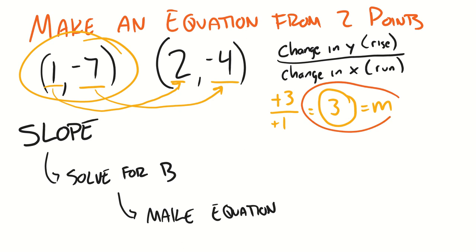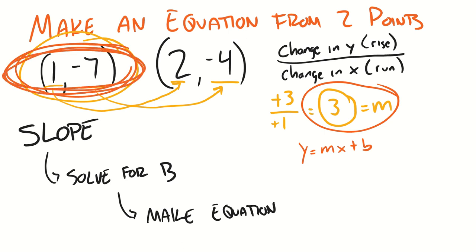My slope is m. So now I'm going to use y equals mx plus b. I'm going to just use one of these points to give me my y and my x. Let's use this point because multiplying by 1 is always kind of easy. So I'm going to say -7 equals 3 times 1 plus b. Right, I've got my x and my y in there. My x from my x, my y from my y. 3 times 1 is 3.